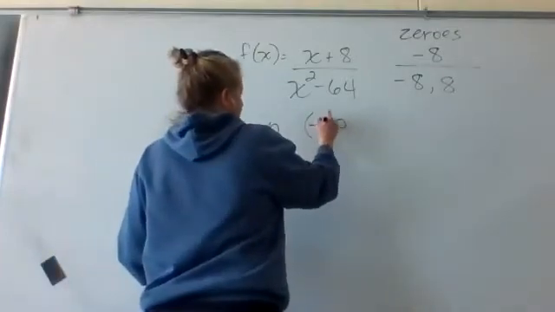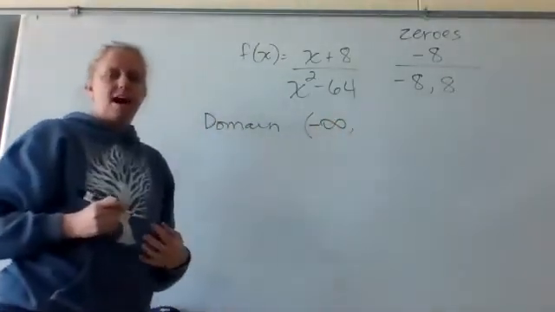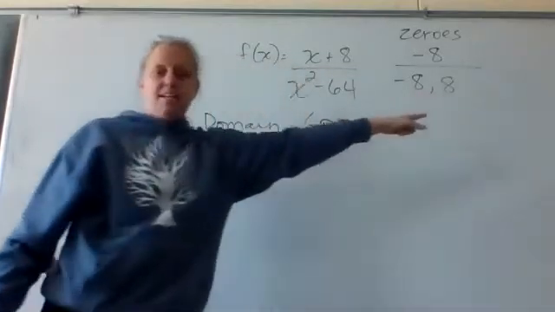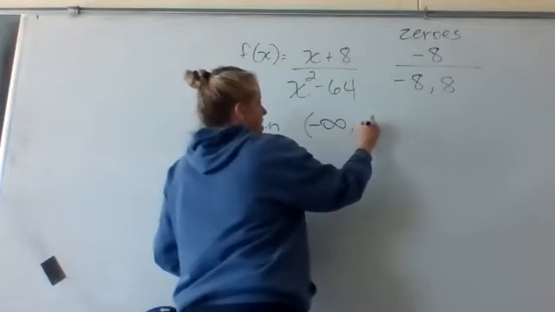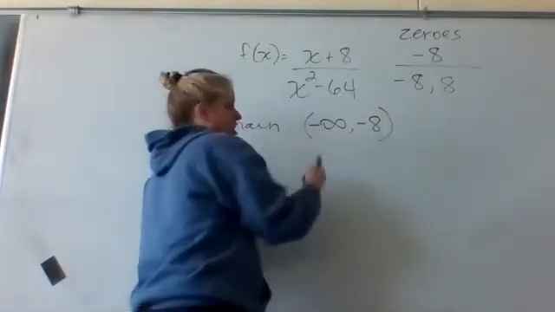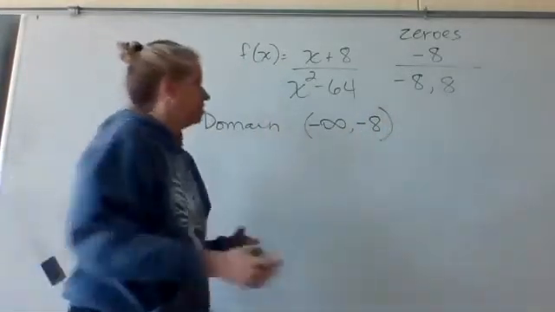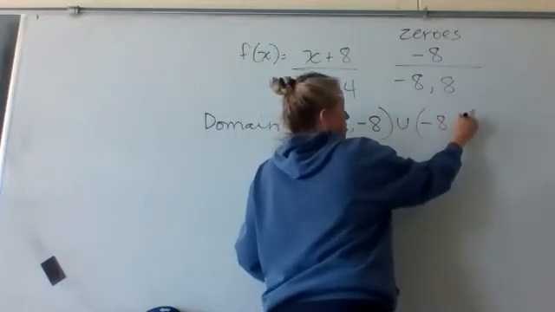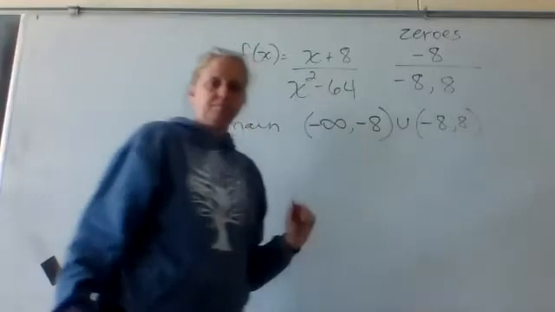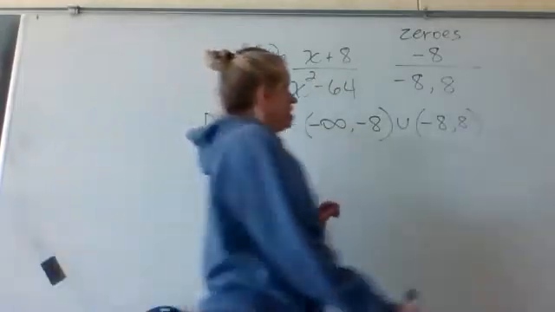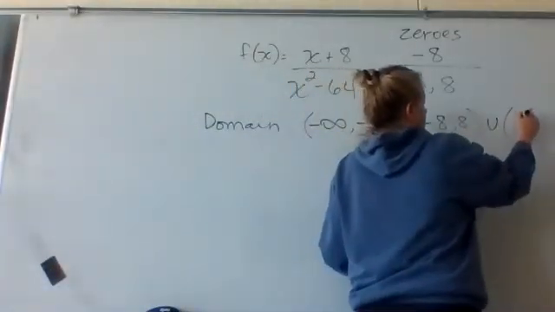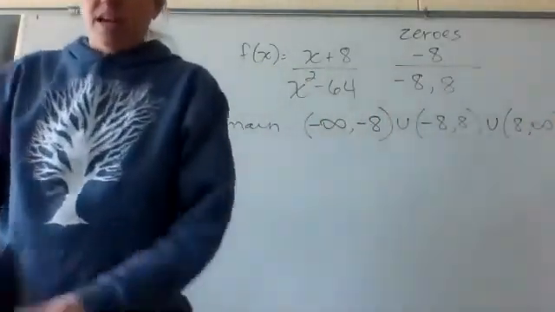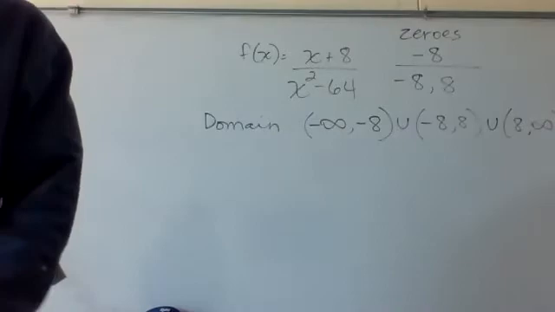So the domain is everything on the number line from -infinity to +infinity except for -8 and 8. So -infinity to -8, that's all the numbers below -8, in union with all the numbers in between them, in union with all the numbers above 8, so 8 to infinity. So there's the domain.